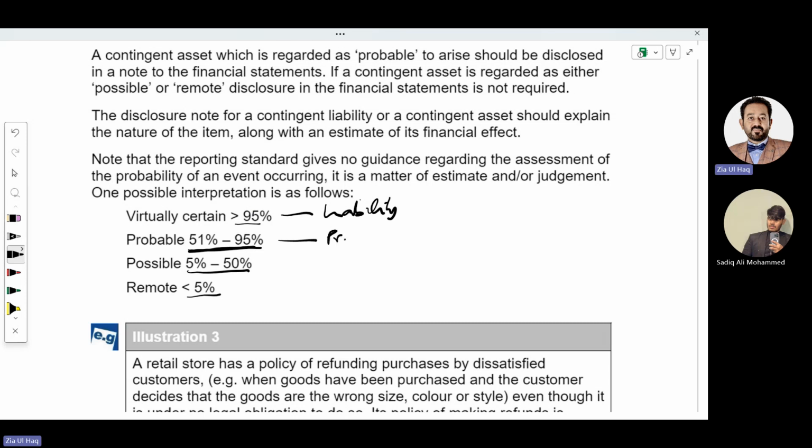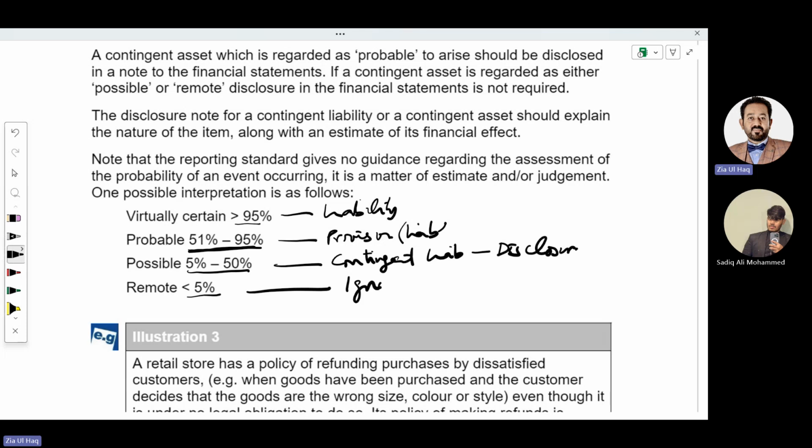Probability, in that case, provision, liability. And possibility, in that case, contingent liability disclosure. And if there is less than 5% chance of future payments, in that case, it should be ignored, do nothing.